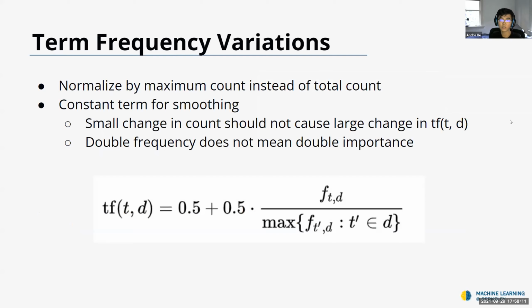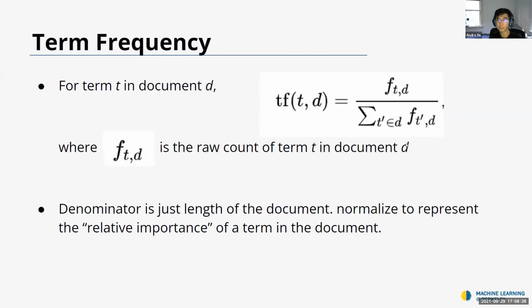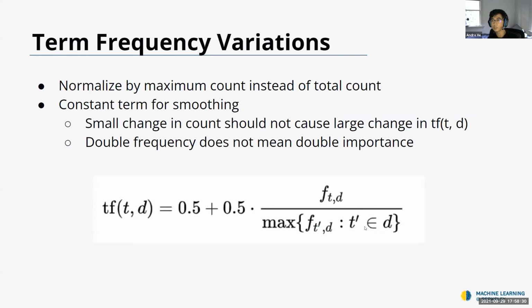And then there are also some variations to term frequency, and they're all designed for very specific properties. One thing you can do is normalize by the maximum count of terms instead of the total count. So instead of putting the total count of words in the denominator, you put the maximum frequency of any particular term. Or you can add a constant term for smoothing.